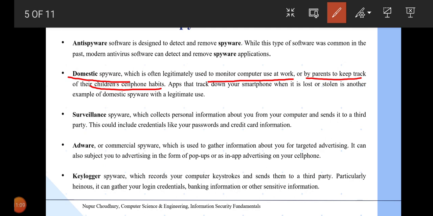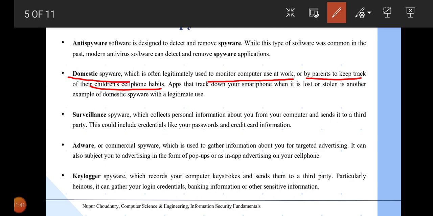So basically these are some of the legitimate uses of these spywares, to make a log or an identification, or to monitor the computers which are already in work using these spywares. Or parents can also monitor what their children have been checking out on their phones, or you can actually track down your smartphone, whether it is lost or misplaced, using spywares.